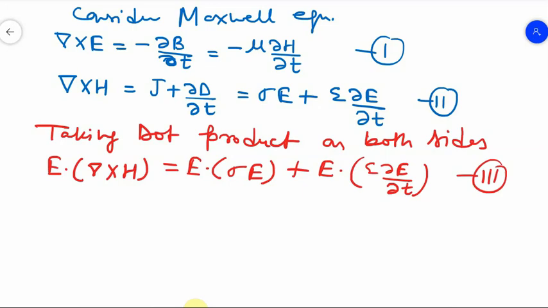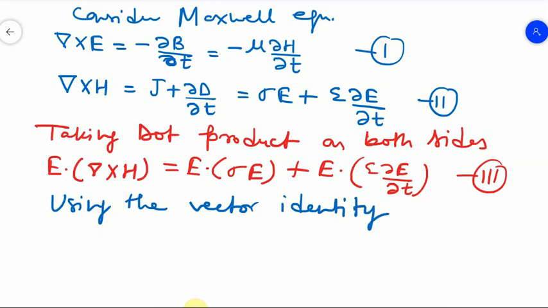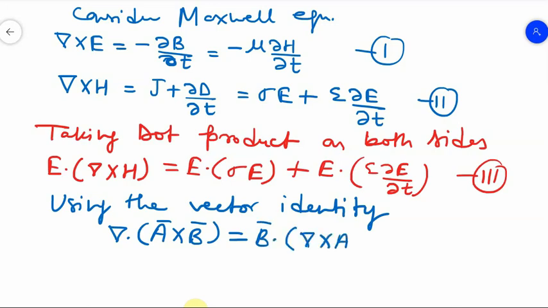So using the following vector identity, del dot A cross B will be equal to B dot del cross A minus A dot del cross B. So this is the vector identity.